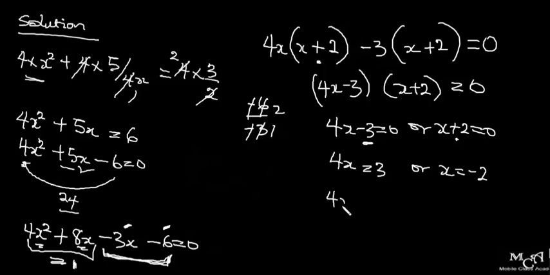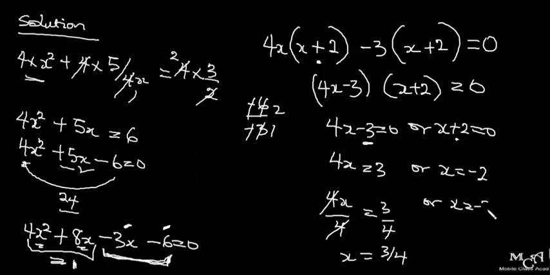I'm going to divide through by 4. So 4x divided by 4 equals 3 divided by 4. 4 cancels out 4, so I have x equals 3 over 4, or x equals minus 2.